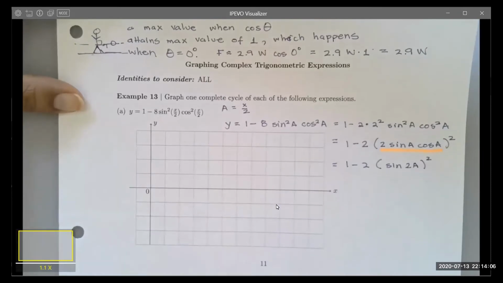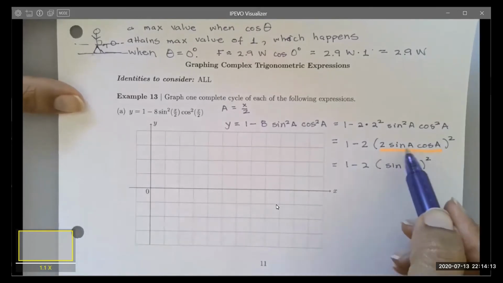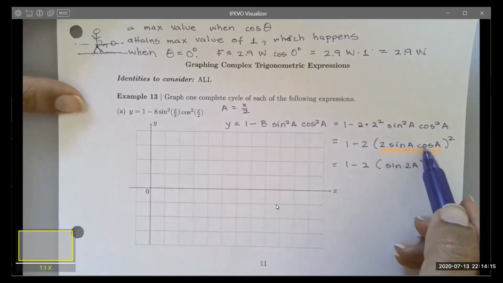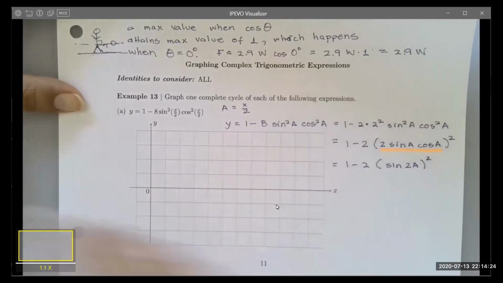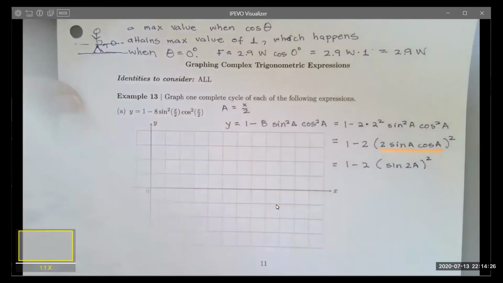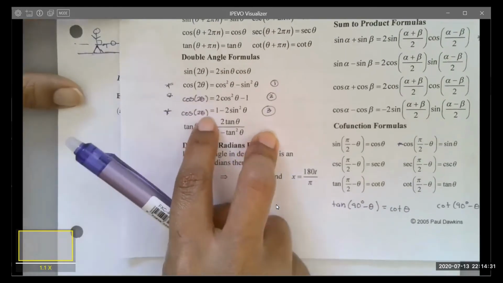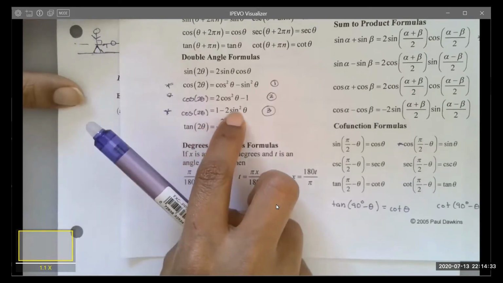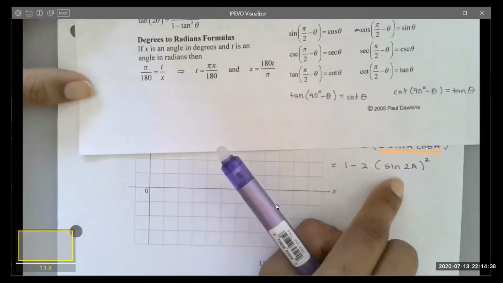So even though it's still not completely simplified because I still have that square, at least it's nice that I no longer have both sine and cosine. I only have sine now. Okay, so sine of 2a. How do we get rid of the square now? Again, take a look at double angle formulas. If we look at the formula for cosine of 2 theta equals 1 minus 2 sine squared theta, that matches almost directly to what we have, right?